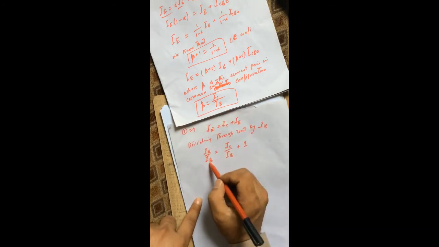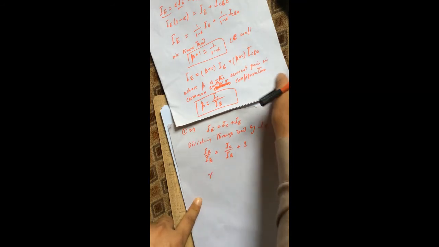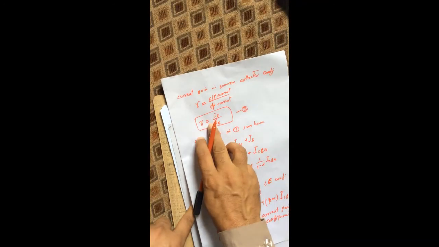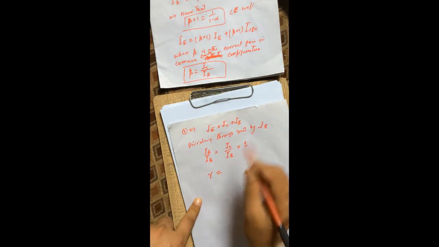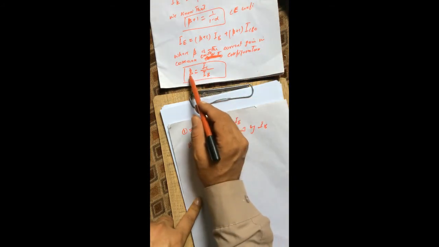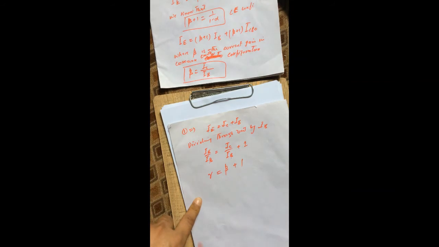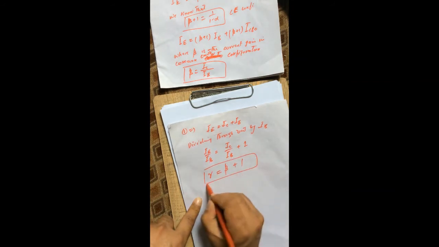Now IE over IB is the current gain in common collector configuration, which is gamma, because we already defined gamma in equation number 3. So gamma is equal to IC over IB plus 1, where IC over IB is the current gain in common emitter configuration, beta. It means that gamma is equal to beta plus 1.